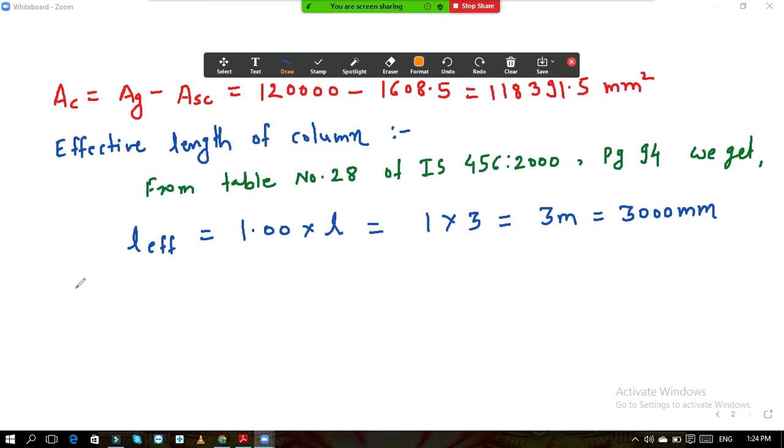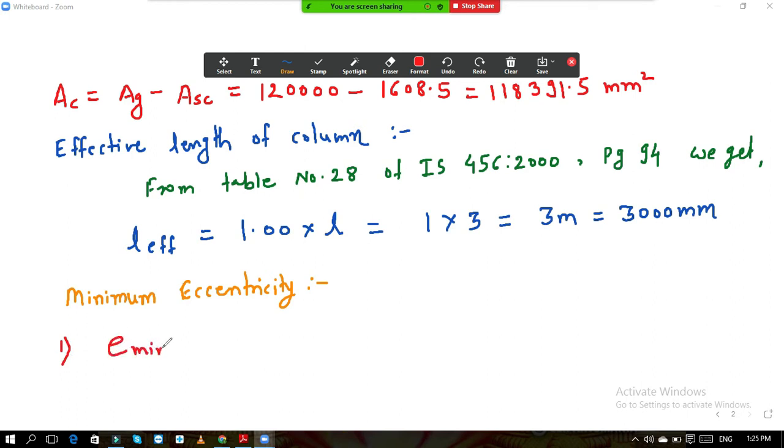So the next thing we generally do is move to the minimum eccentricity. We need to calculate it.